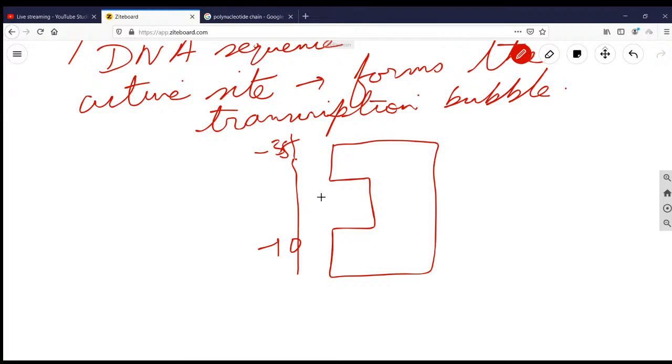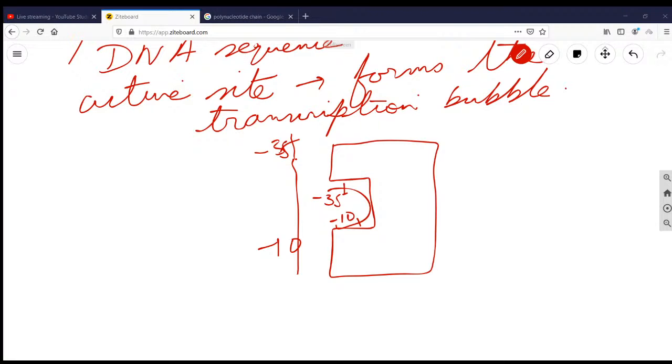So what will happen is this will be scrunched like this to be able to fit in -35, -10 here only, so that it can read it properly, and then binding will happen properly, and then catalyzing of the reaction will happen at an appropriate rate. So now DNA will be scrunched and squeezed into the active channel or active site of the RNA polymerase.